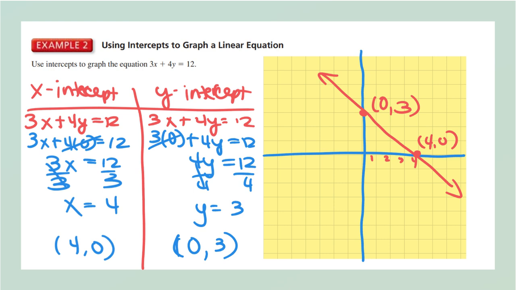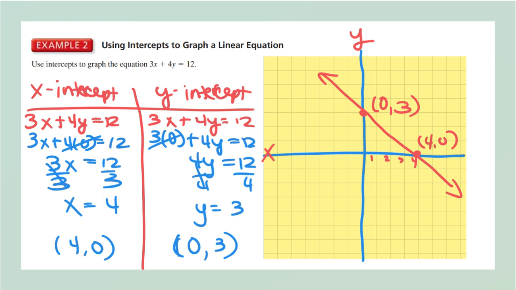So we have now plotted the points (4, 0) and (0, 3), which are my x- and y-intercepts. We know that this is y and this is x. It went straight through the middle of the line, correct?